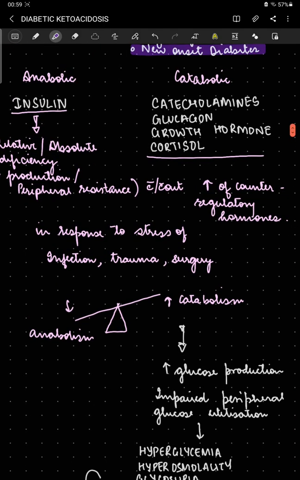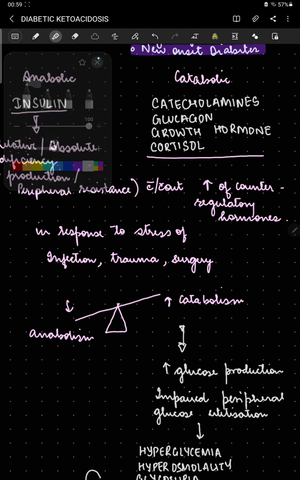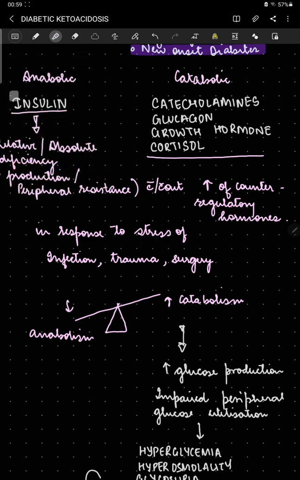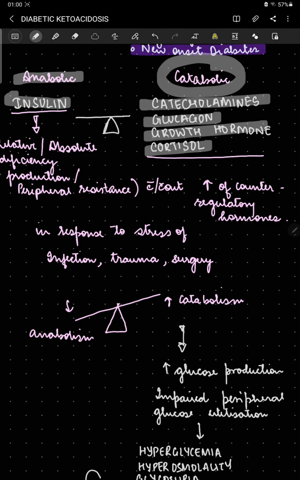Now, this is a simple basic physiology concept. We know that there is a single anabolic hormone in the body, that is insulin, and the rest, catecholamines, glucagon, growth hormone, and cortisol, are all catabolic hormones, and there is usually a balance between these two. I'm making a seesaw to indicate the balance, right?